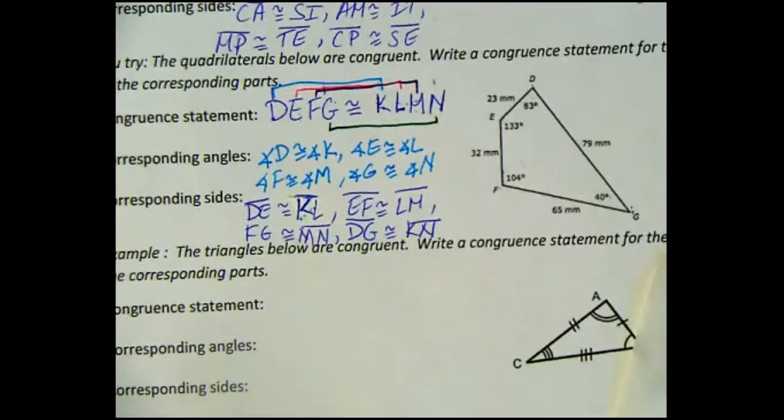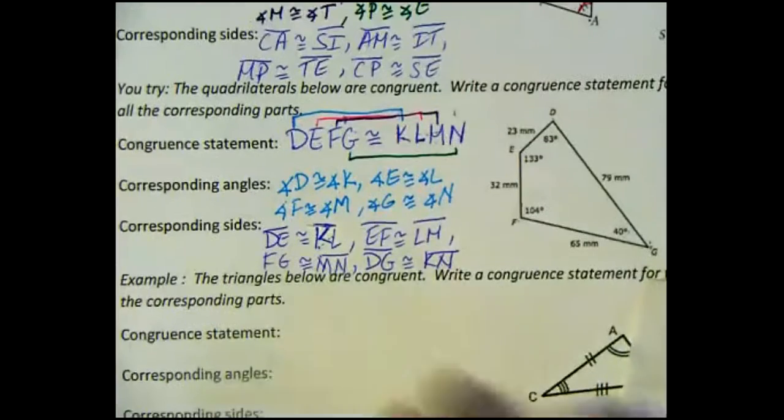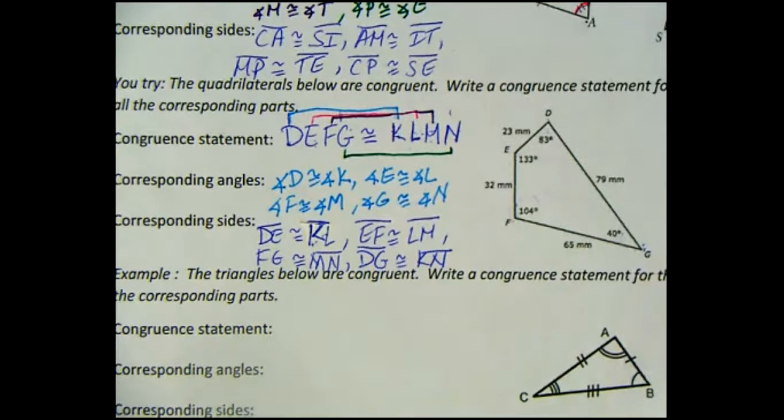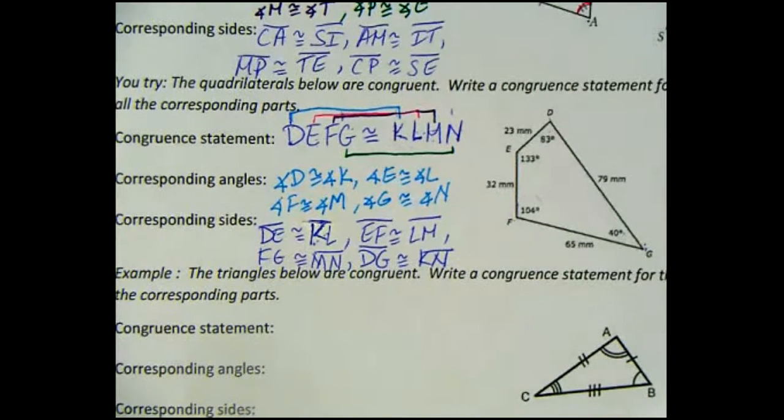Can I get a response in the participants window? How do we feel about this example here? Real quick, guys. Give me a response, a yes or a no, a thumbs up or a thumbs down. Some sort of response here. Okay.